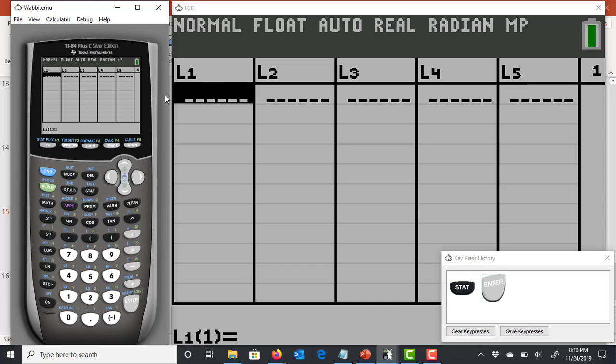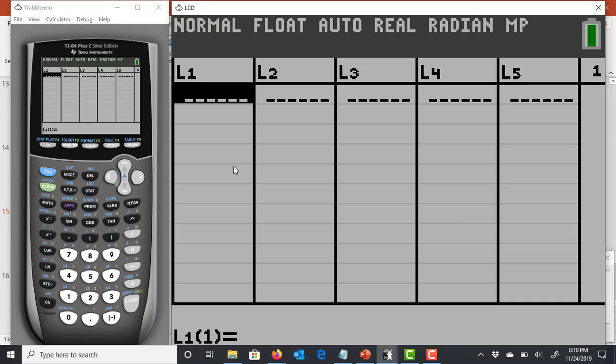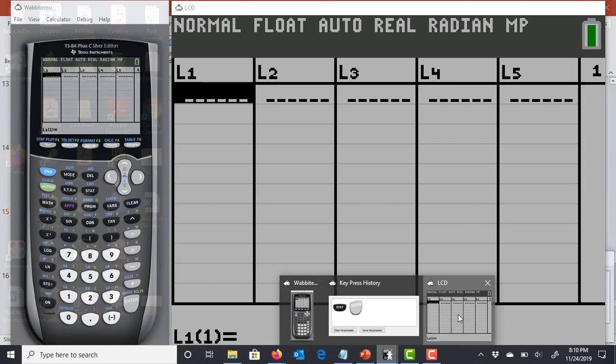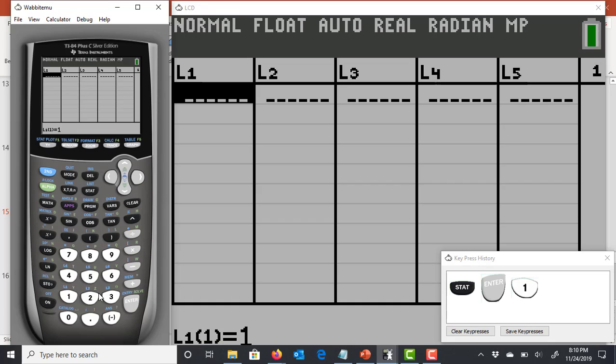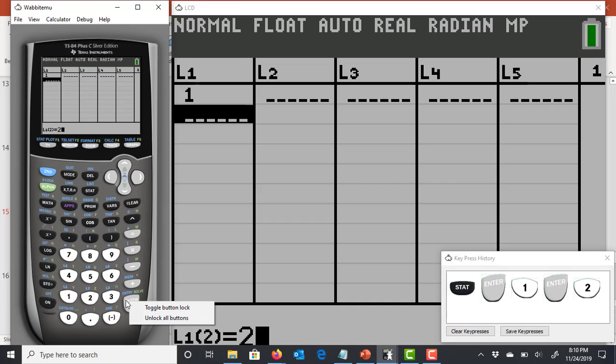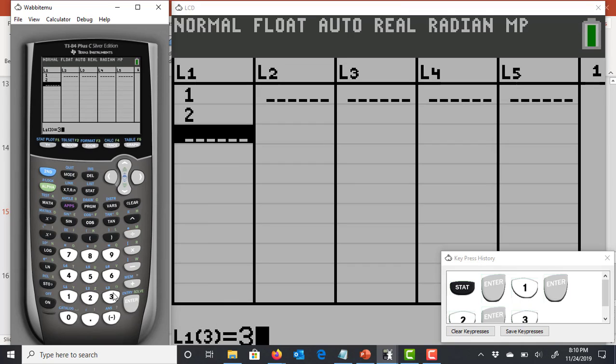So in this first column here, L1, we could put the number of rectangles that we want, starting from 1 up to 4. So type 1, 2, 3, and 4.